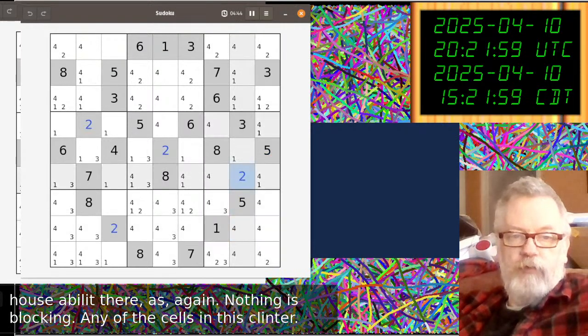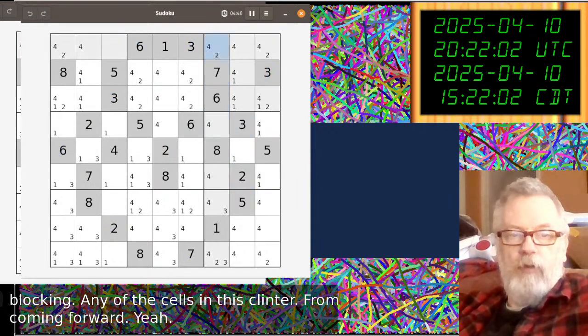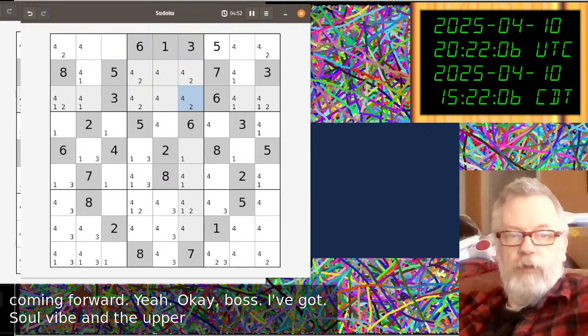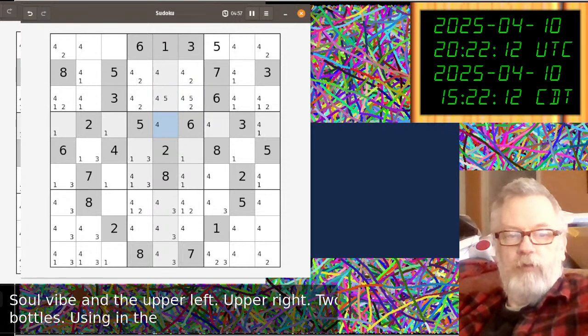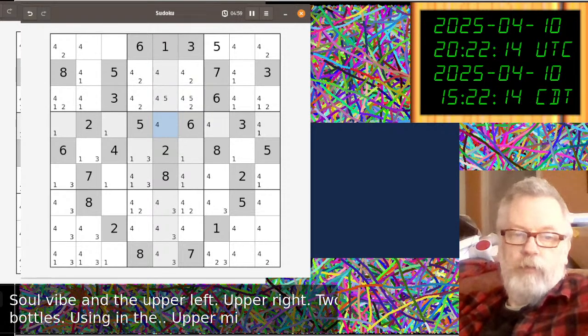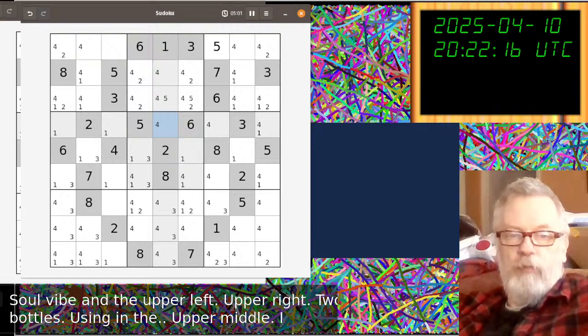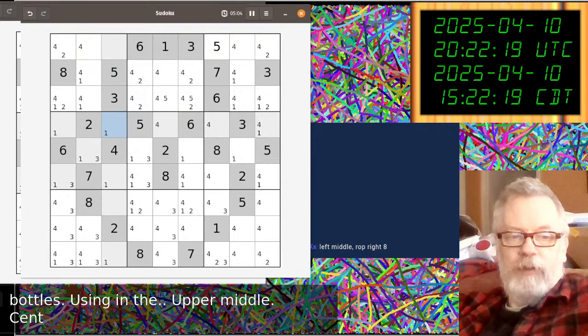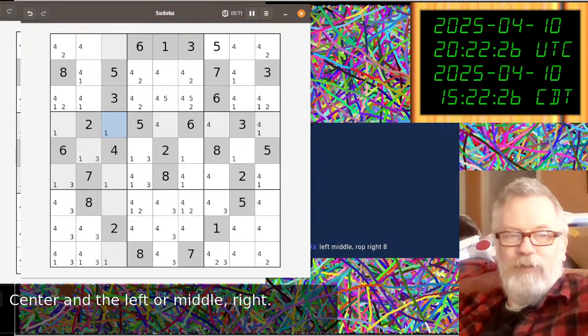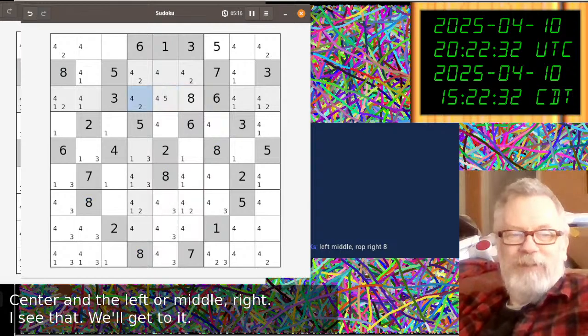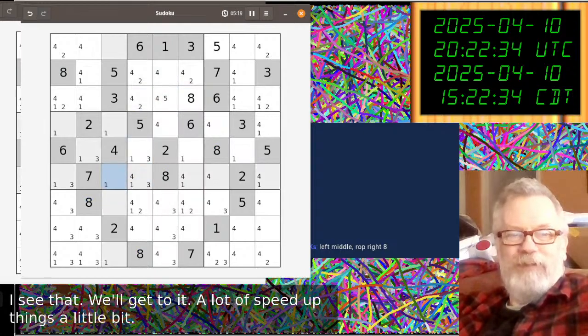Okay, 5s. I've got a solved 5 in the upper left or upper right. 2 possibilities in the upper middle. I've got 5s in both the center and middle left or middle right. Yep, I see that. We'll get to it. Although it does speed up things a little bit. All right, 5s.